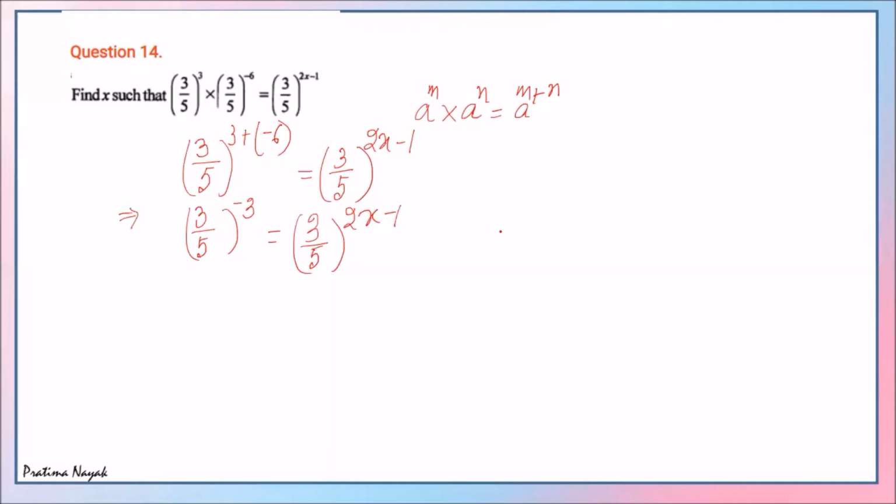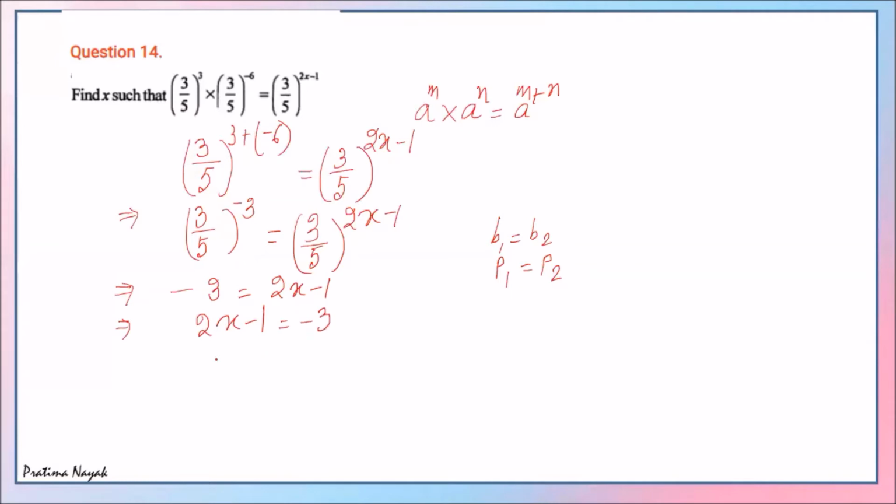Now you will see that both have equal base. Left hand side base and right hand side base are equal. So the power of the left hand side is equal to the power of the right hand side. So I'll write minus 3 is equal to 2x minus 1, or I can write 2x minus 1 is equal to minus 3.